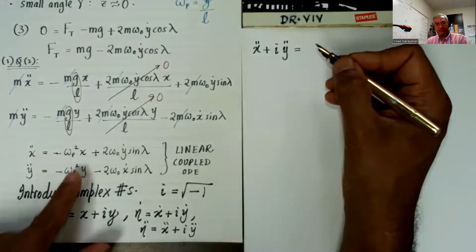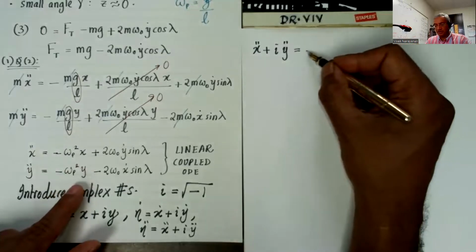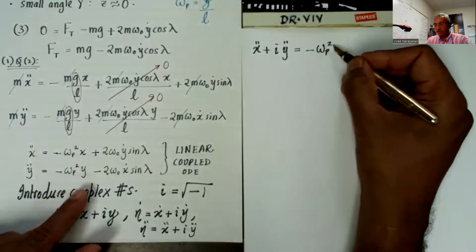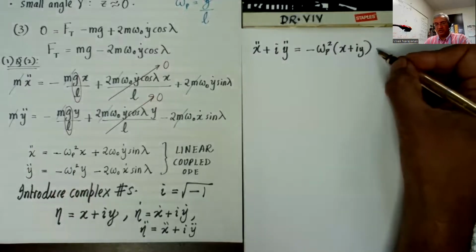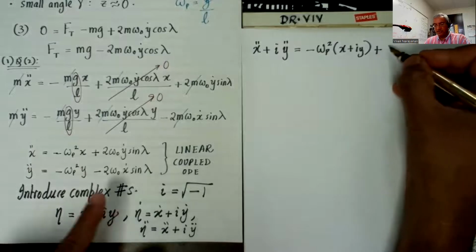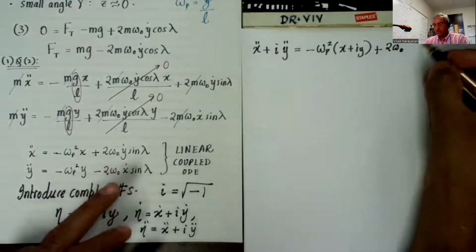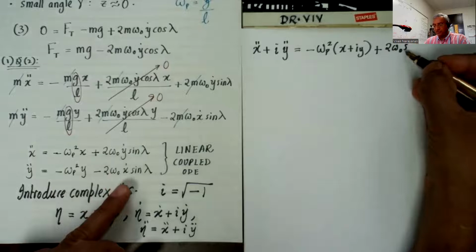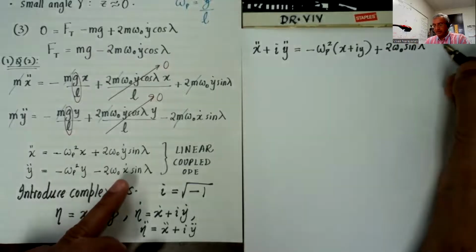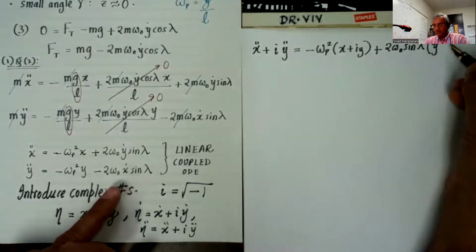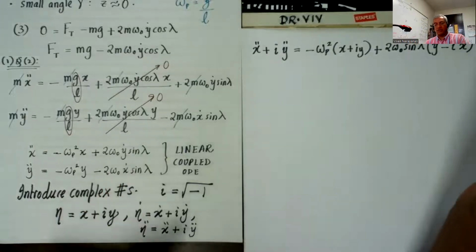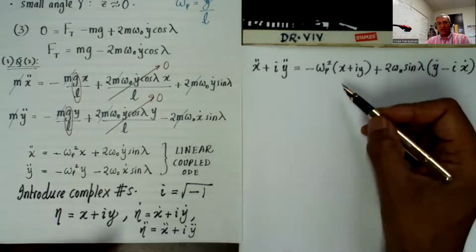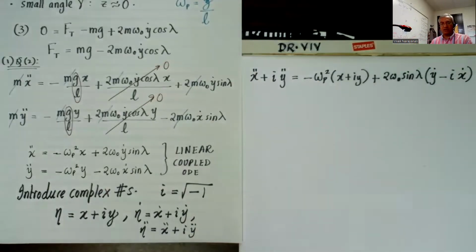If I do the same thing for this, I'll get negative omega p squared times (x plus iy). And then here I'll get 2 omega naught sine lambda, which is common to both terms, times (y dot minus i x dot), because I'm doing x double dot plus i y double dot.